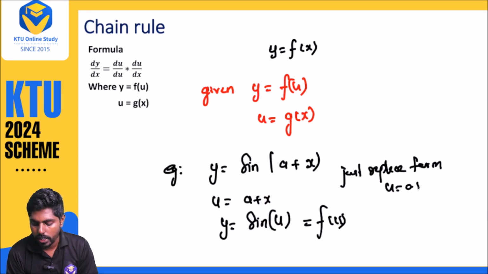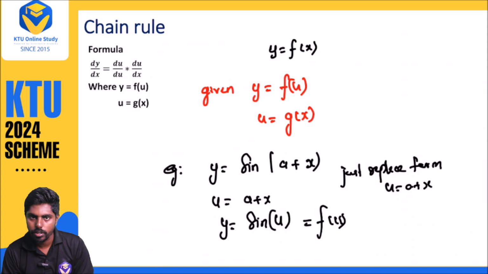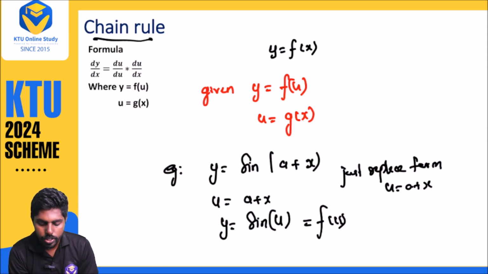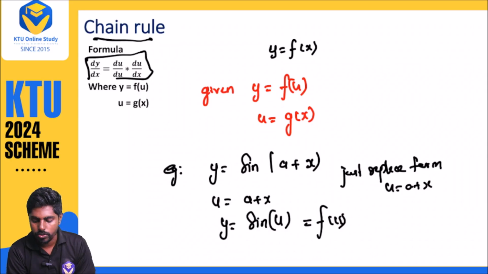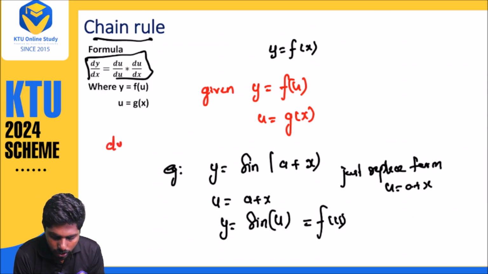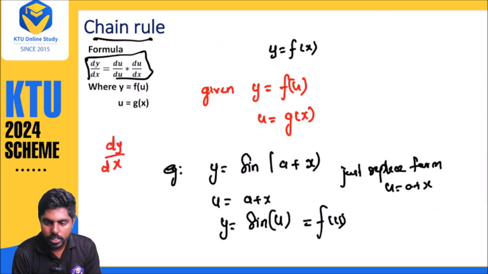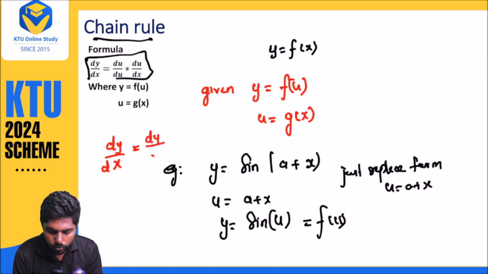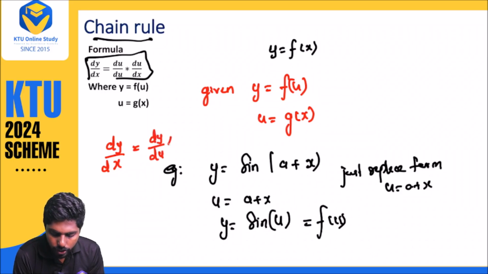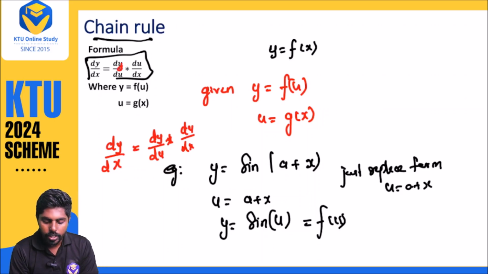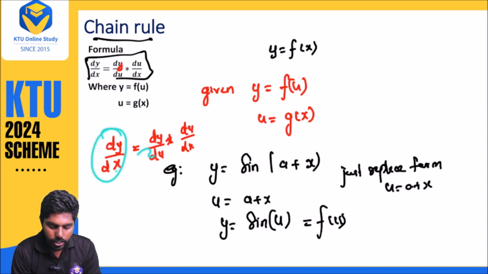If they ask in chain rule, you want to use the formula. It is a very easy formula, like the normal derivative formula. dy by dx is equal to dy by du into du by dx.